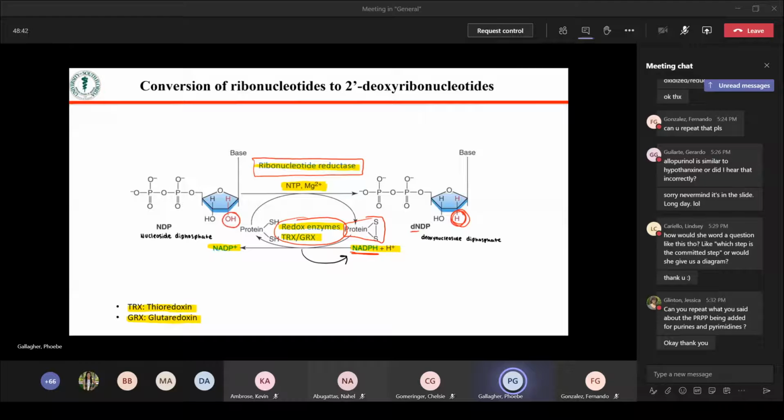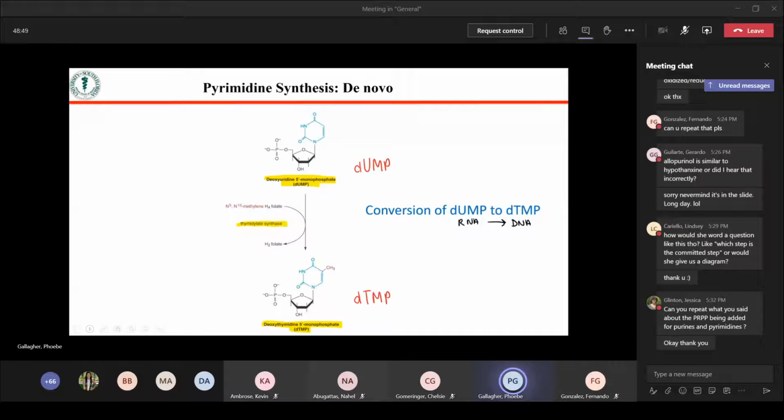But this is really just telling you that you can go from RNA to DNA. Okay, so this is the same concept. Thymidylate synthase is not something I would remember because, like I said, it's pretty obvious what it does, and she's not going to ask something so obvious. But just understand that you can take uracil and turn it into a thymidine.